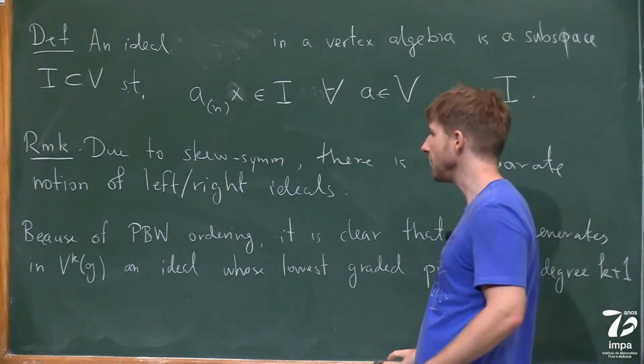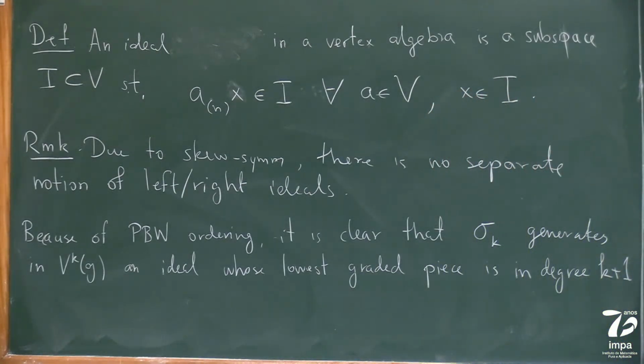You can guess what I'm going to do next: you can take a quotient by an ideal and define the so-called quotient vertex algebra.